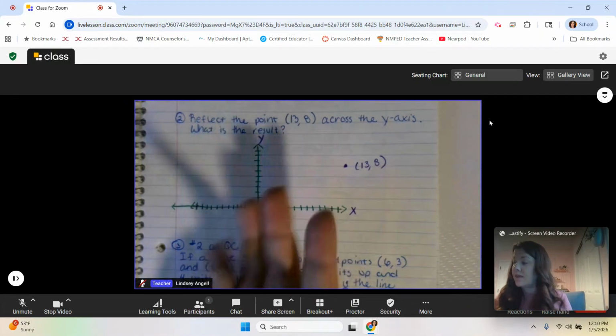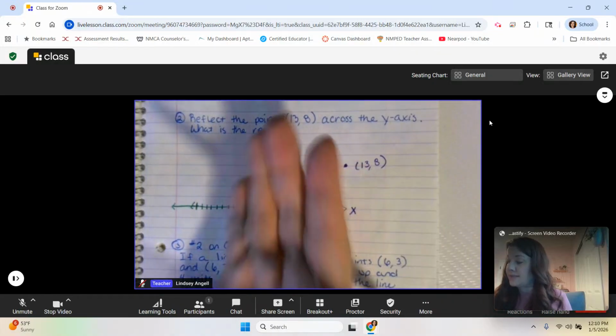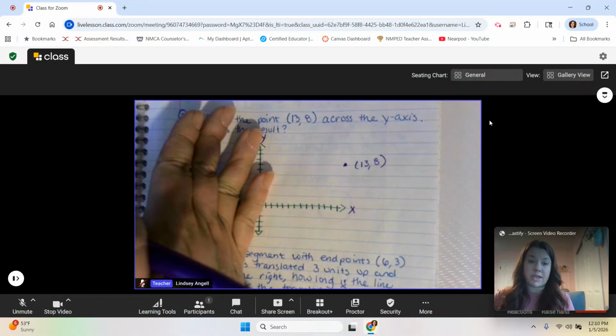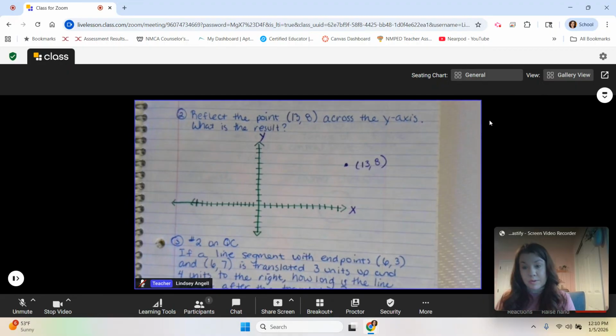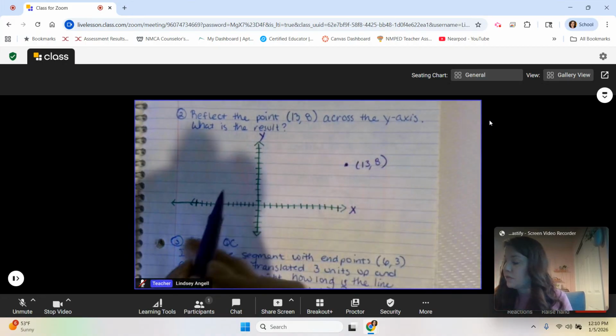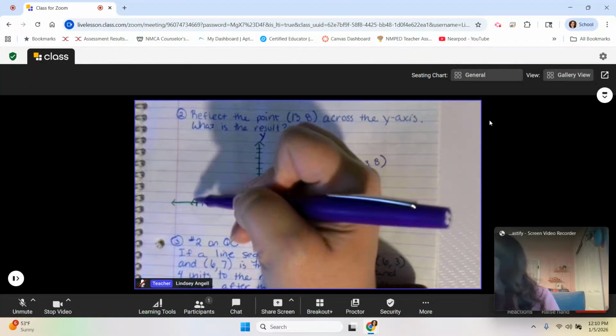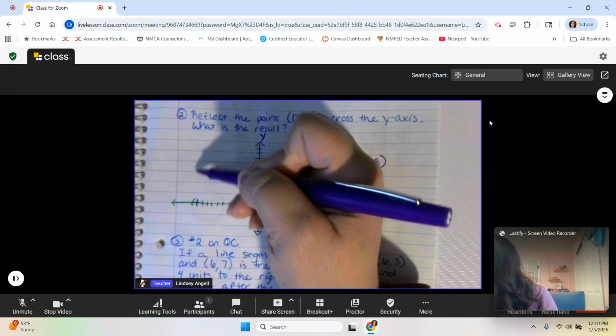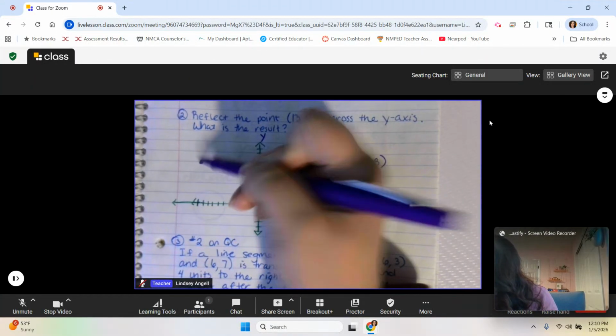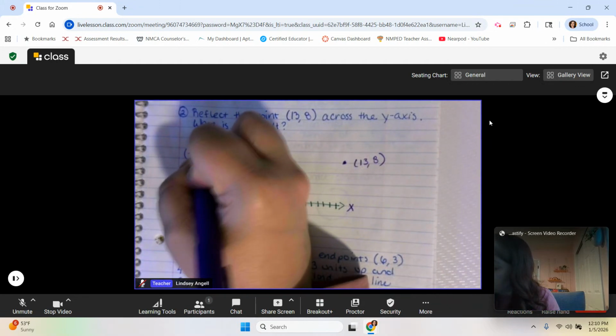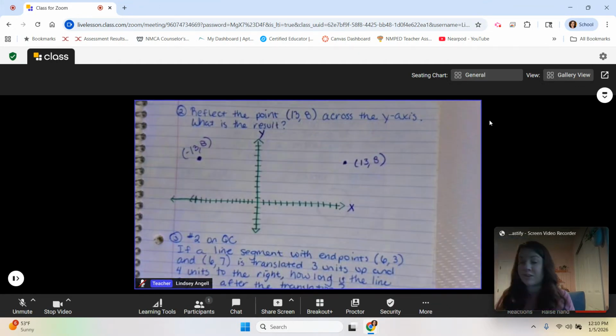That one's going to be the opposite, right? It's like if we were to fold the paper right on the y-axis, where would it line up? That would go over to -13, and up 8. So negative 13, 8. I reflected it across the y-axis.